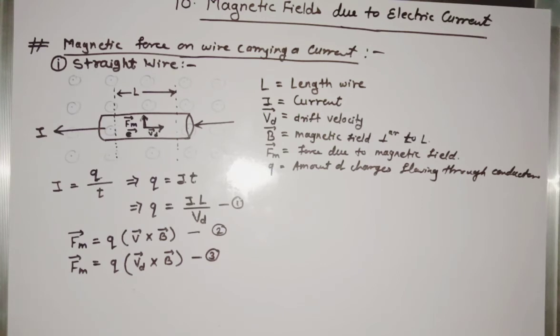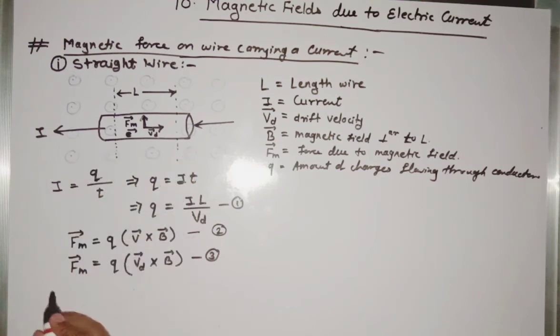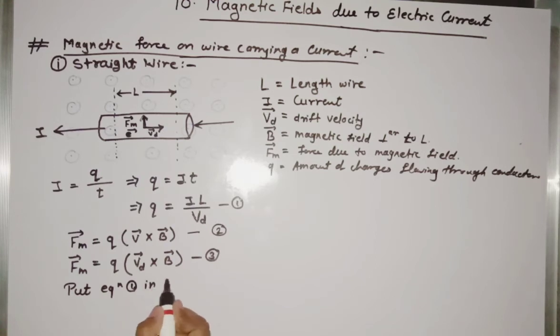Now we will substitute equation 1 in equation 3, so that we substitute the value of Q, that is the charge flowing through the straight conducting wire. So we will have F suffix M equal to I L upon V suffix D into bracket.